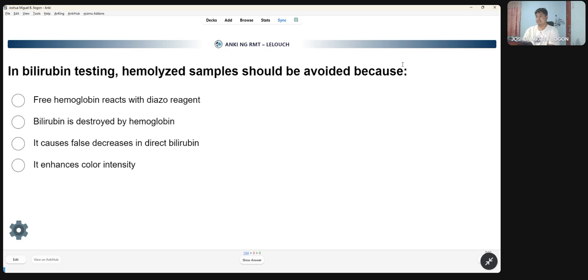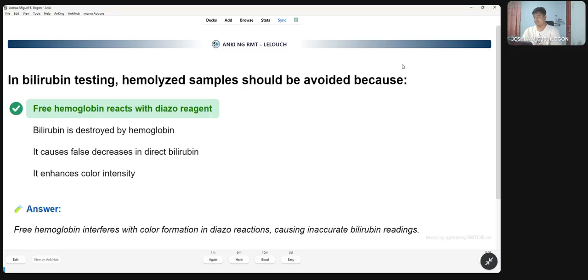Bilirubin testing, avoid hemolyzed samples because free hemoglobin reacts with the diazo reagent used for the bilirubin testing. And I gotta read about that yet.